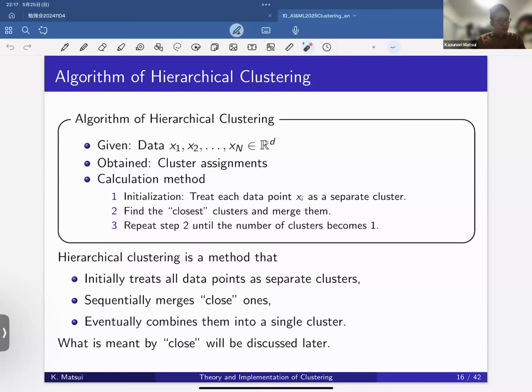Hierarchical clustering initially treats all data points as separate clusters, sequentially merges close ones, and eventually combines them into a single cluster. What is meant by close will be discussed later.